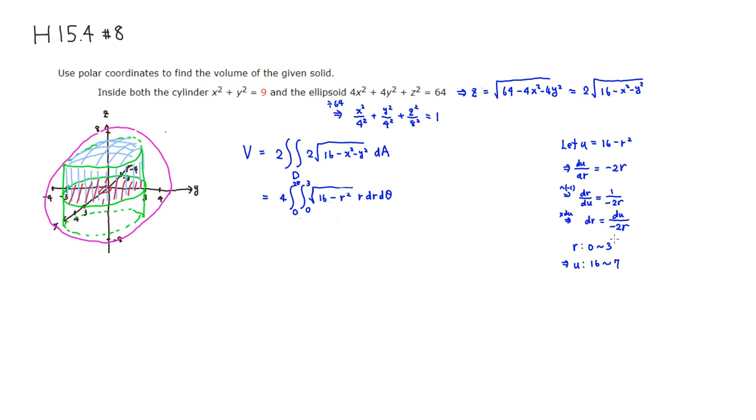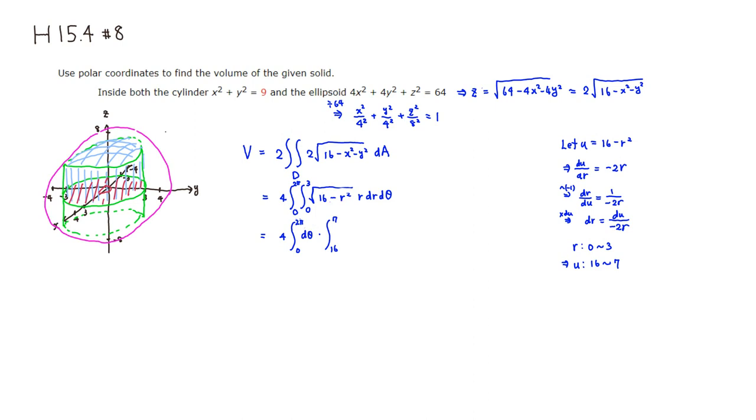So we can rewrite this integral as 4 times an integral from 0 to 2 pi. Actually, this is separable, so I'm going to go ahead and separate it. You have a d theta times an integral, and now this is going to go from 16 to 7.